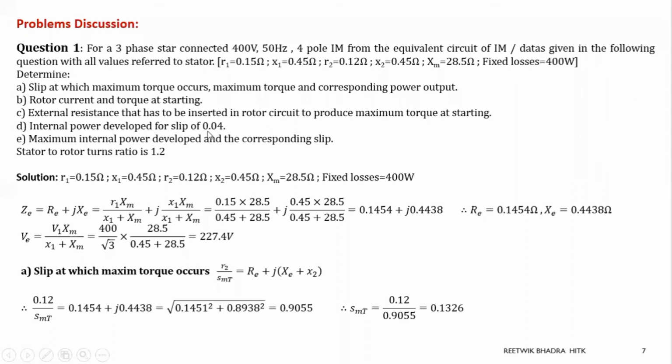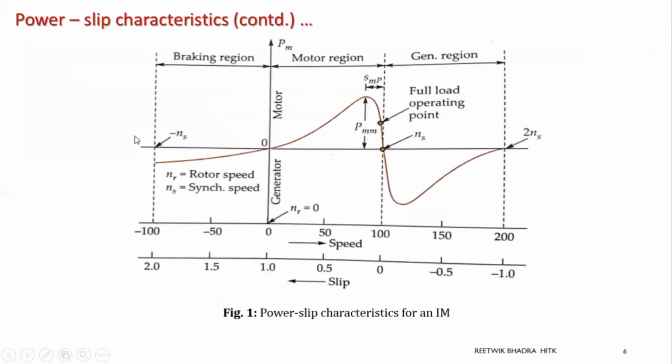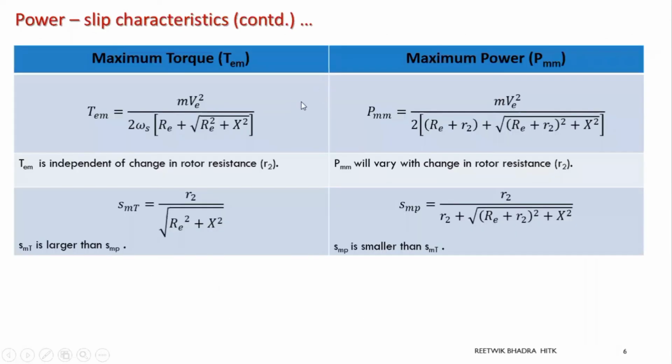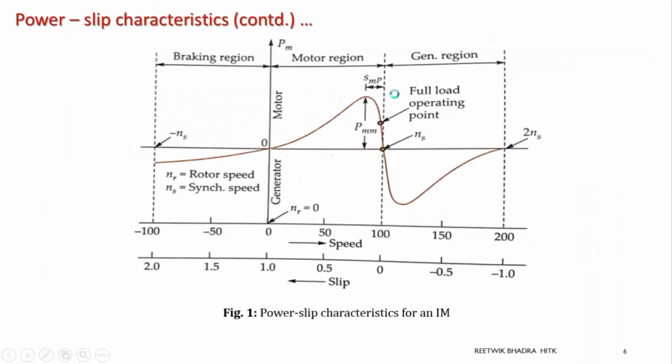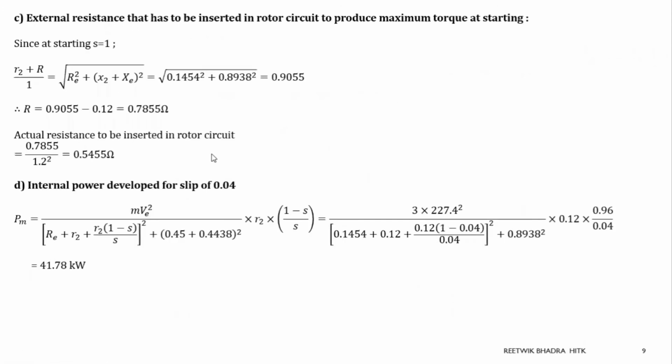Internal power developed for slip of 0.04. Here slip is given, and we have to calculate our internal power, that is PM. So the PM formula is this one. We'll use this formula of PM and substitute our slip as 0.04.